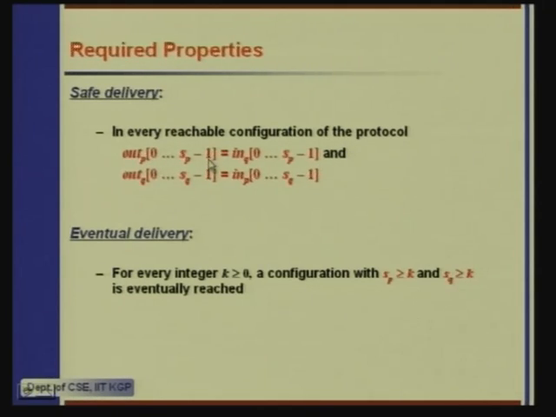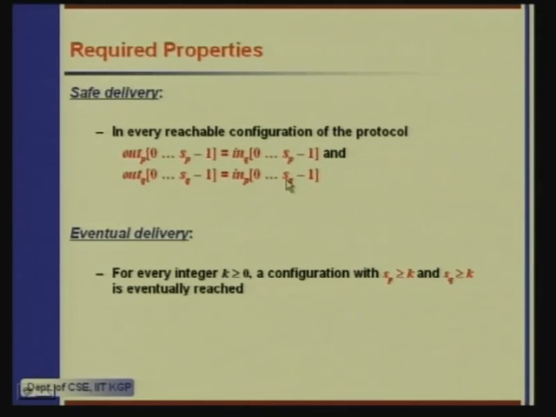The sequence of words that has already been written by P in its incoming array. It should be equal to the array in Q 0 through SP minus 1, because those were what were sent by Q. So this indicates that the packets that were received are actually the packets that were sent by Q.